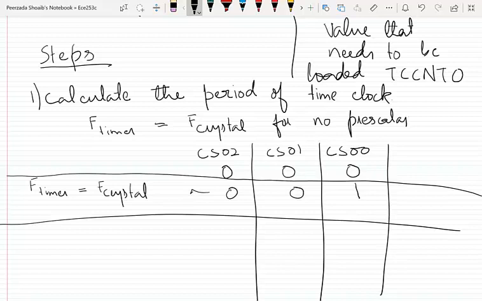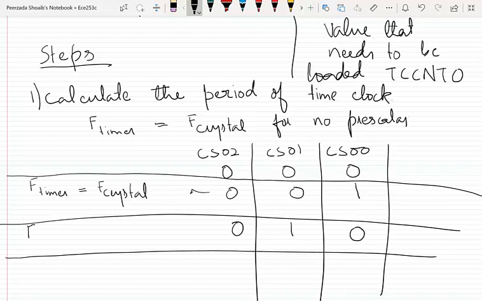And for value 010, the frequency of the timer will be equal to crystal frequency divided by 8. That means we are using a prescaler, and the prescaler value is equal to 8. That means our timer will run slower than crystal frequency. And how much slower? 8 times slower.